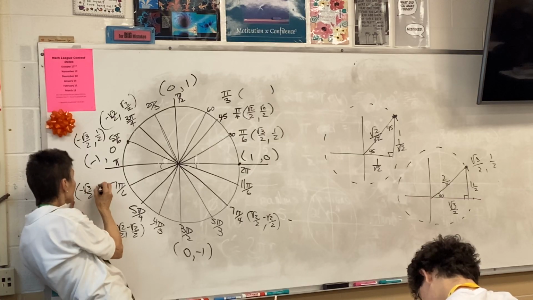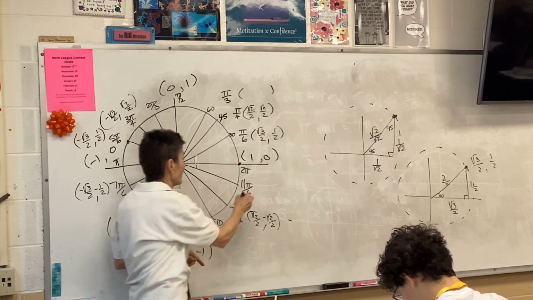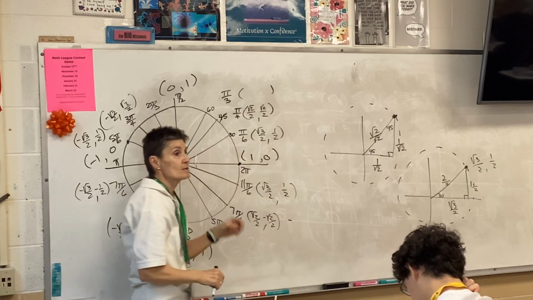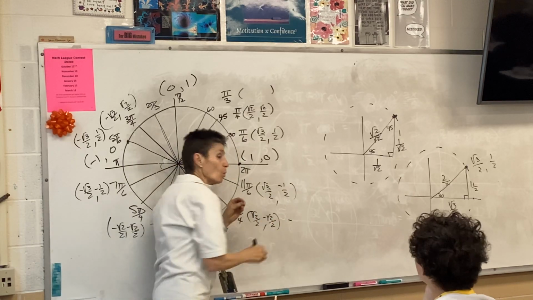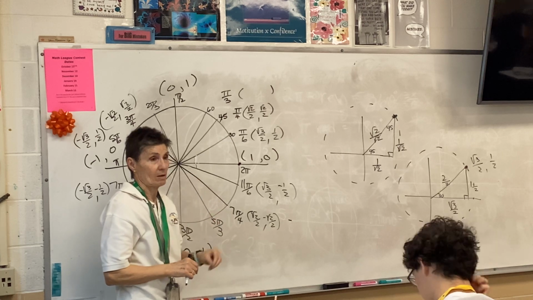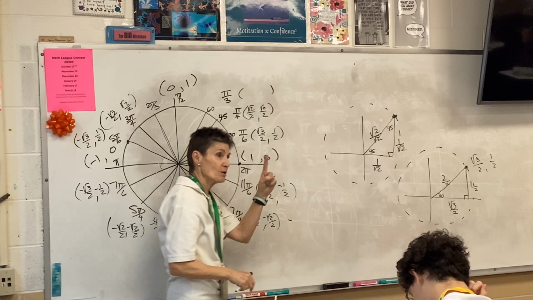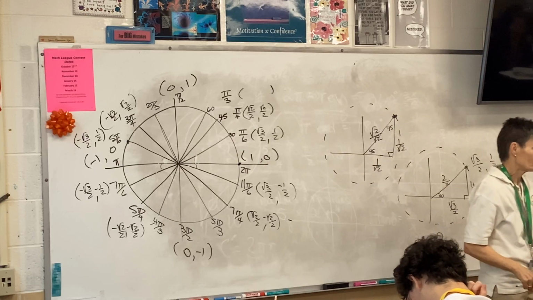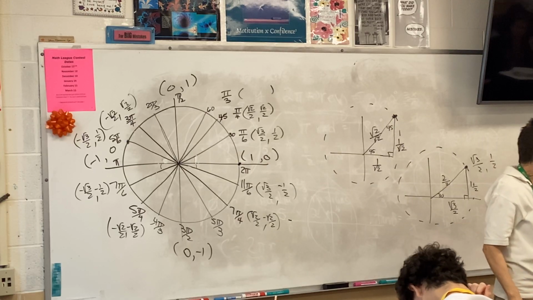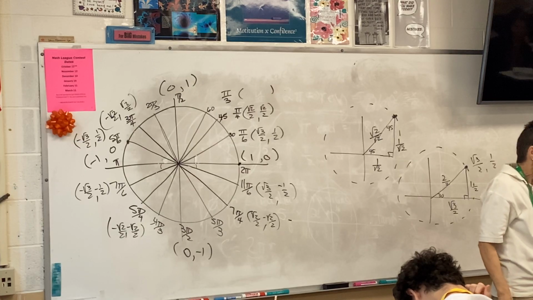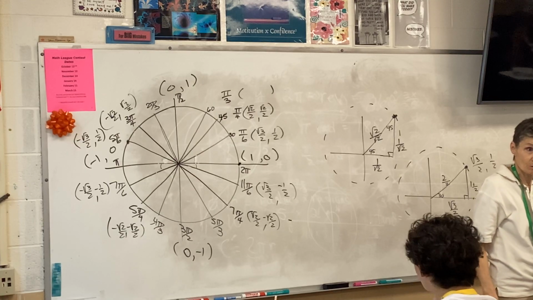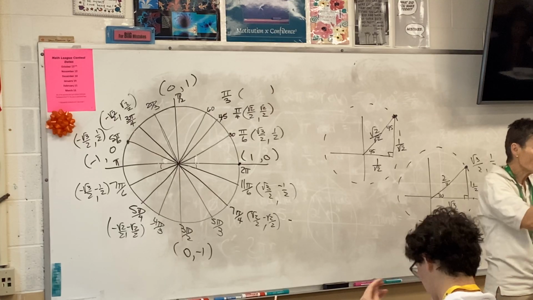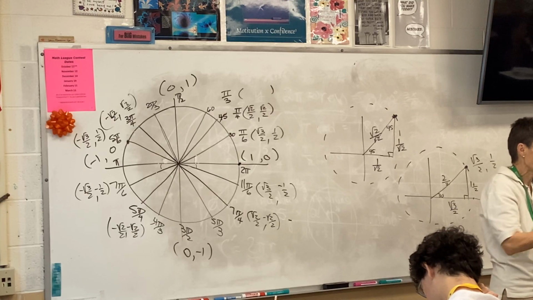Negative root 3 over 2, negative 1/2. And this pi over 6. Root 3 over 2, negative 1/2. So what do you have to remember? You gotta remember that your pi over 4s are root 2 over 2, root 2 over 2. You gotta remember that your pi over 6s are root 3 over 2, 1/2. You can adjust your negatives by figuring out which quadrant you're in.